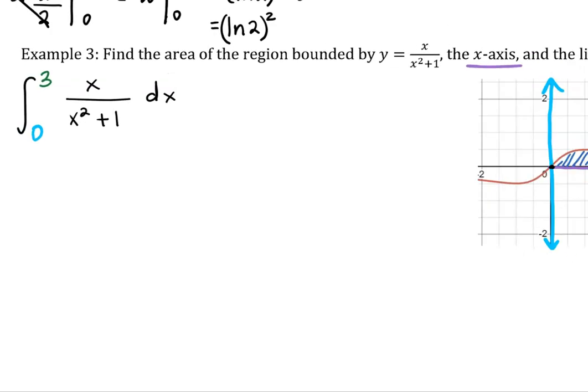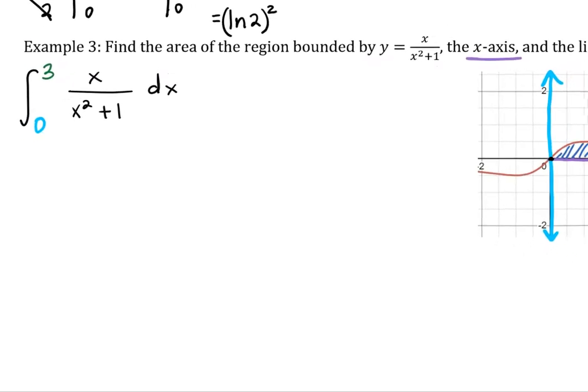In the denominator, we have x squared plus 1. And there's nothing wrong, you all, with choosing a value of u, taking its derivative, and seeing that it does not work out. That is a part of the process of learning how to integrate. Let's see, if we choose u to be x squared plus 1, let's take du. du is 2x dx.